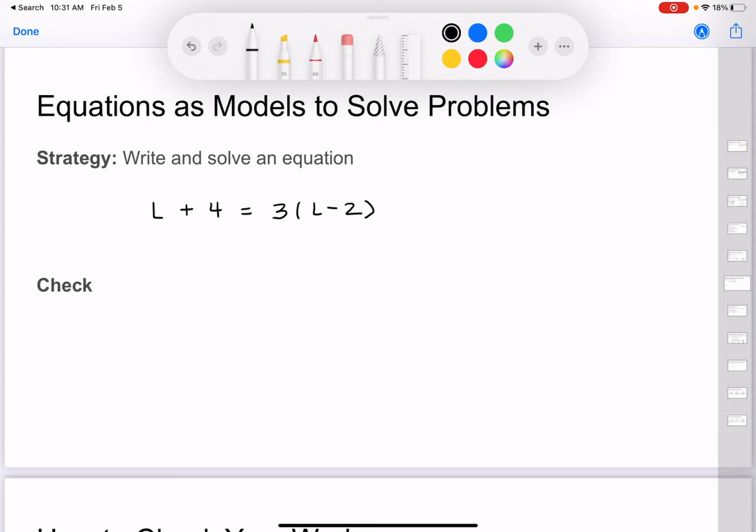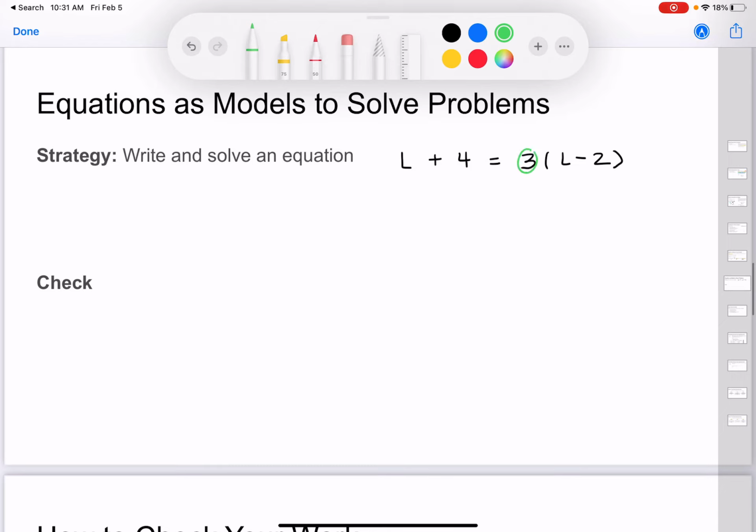So now that we have this, what we want to do is identify a strategy to find L, how old she is right now. And so we're going to use our algebraic process to solve for L. So that will look like 3 times, which gives us 3L minus 6 is equal to L plus 4.